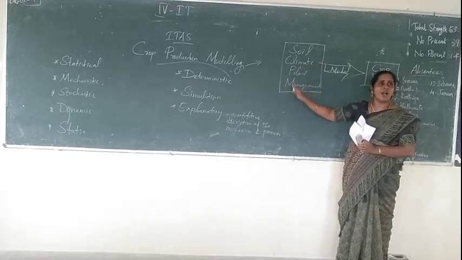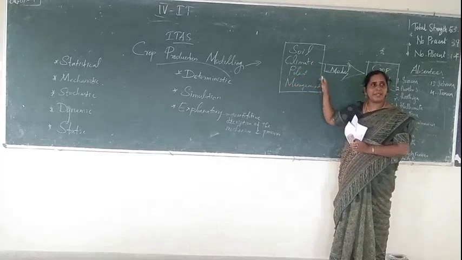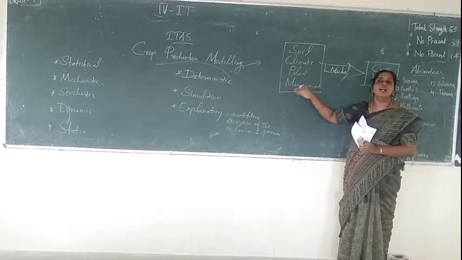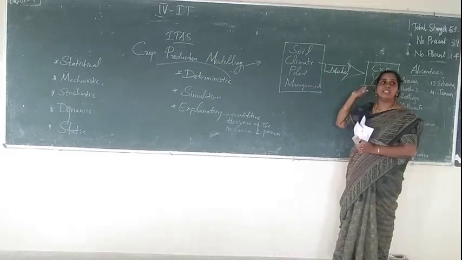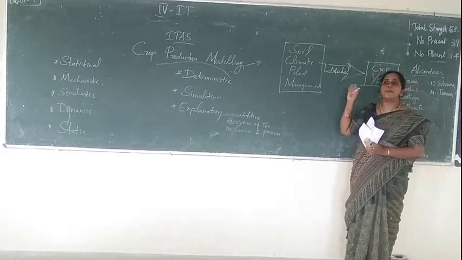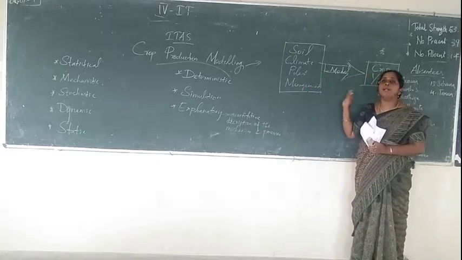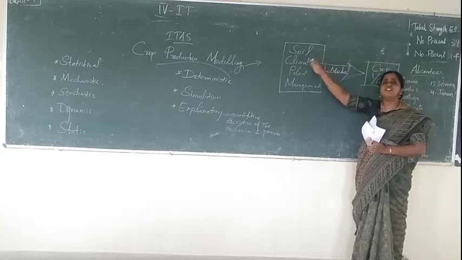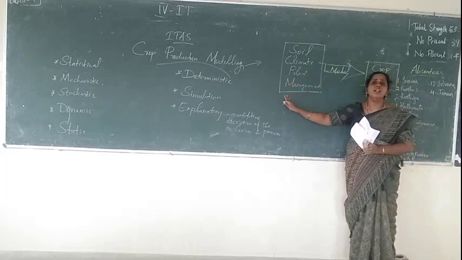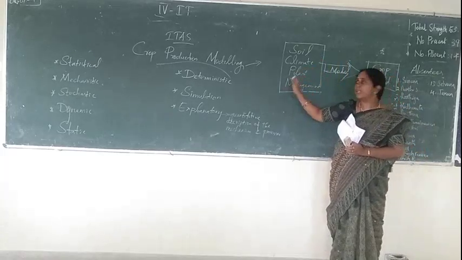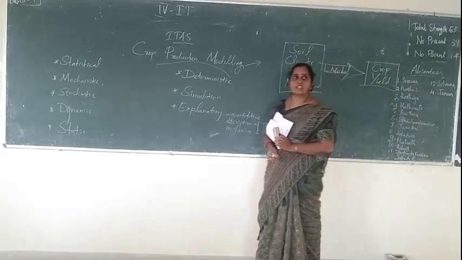Depending upon all these various parameters, the crop yield is given. So we can get the production of a particular plant or crop depending upon these environmental factors. Okay? So this is called crop production modeling.